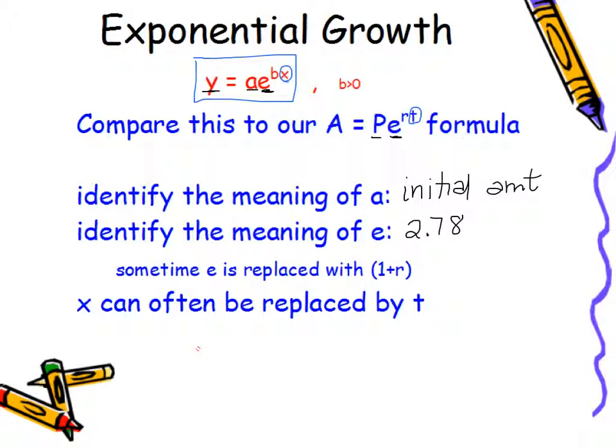And b up here is the last thing. b can change depending on what you're talking about. If you're talking about exponential growth, that b might be something to do with money, it might be the number of bacteria, it might be population. That b value is a constant that has to do with that particular thing that's growing. Okay, so let's try a problem.